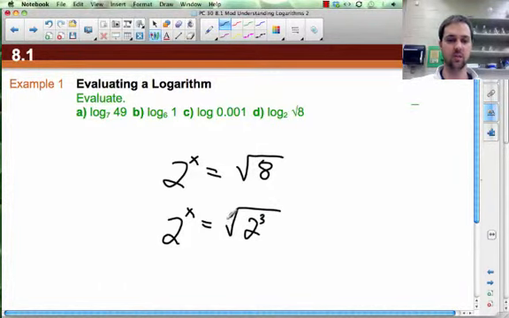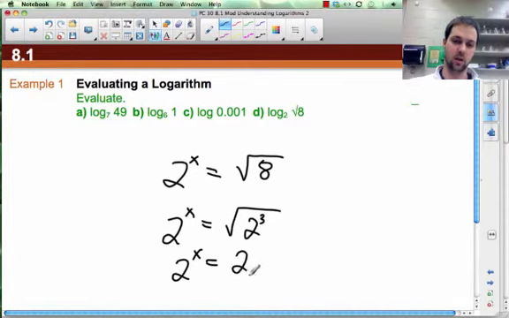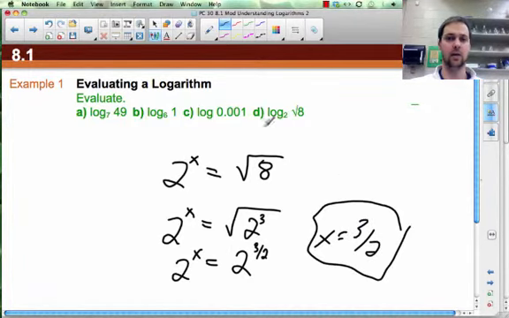Now, since this is a square root, it's 2 to the numerator over denominator, and the radical index here, not shown, is a 2 because it's a square root. So this can be written as 2 to the 3 halves. 2 to the x equals 2 to the 3 halves. Therefore, x equals 3 halves. And that's it for that one.